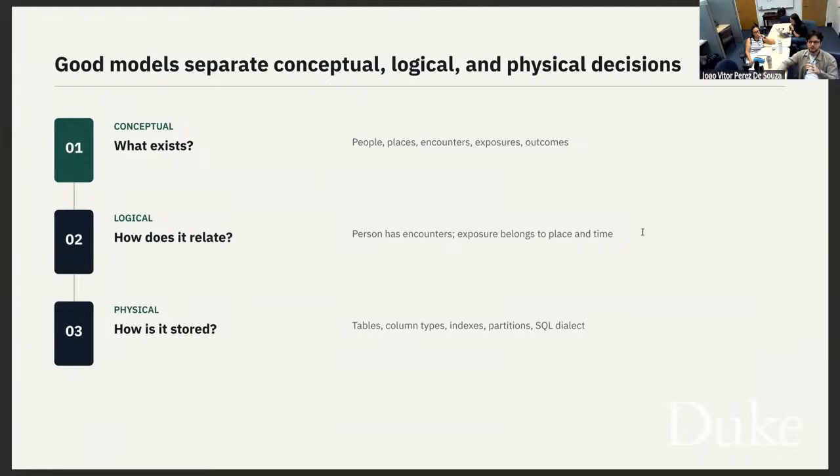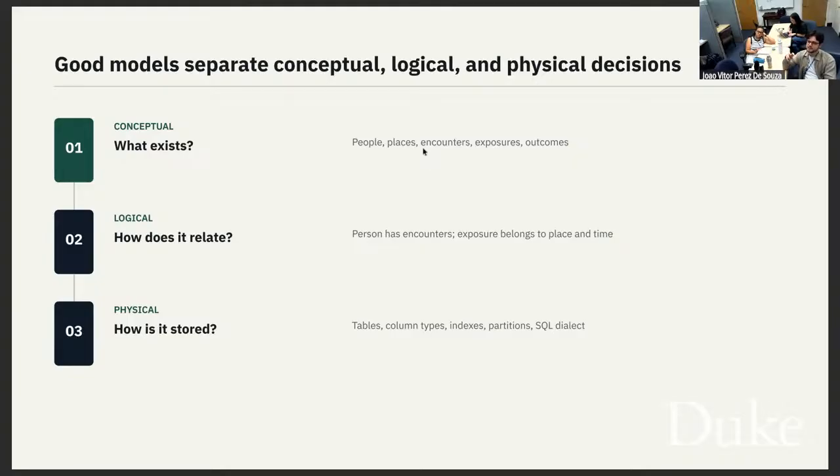So if you really go about and think about data models, there are many out there for different purposes. But essentially, a good model is going to separate what is conceptual, logical, and physical decisions. The conceptual is what exists in your system: people, places, encounters, exposures, outcomes. In terms of logic, you're going to think about how your data relates.